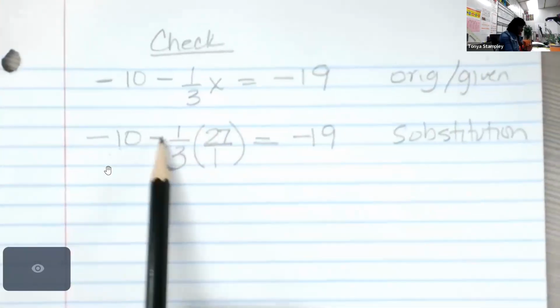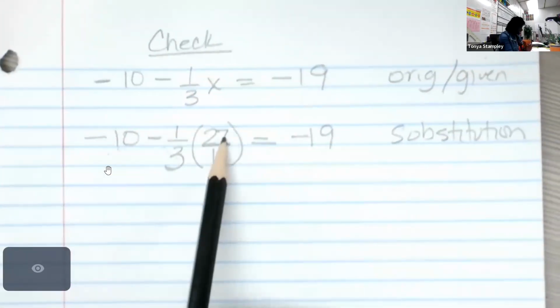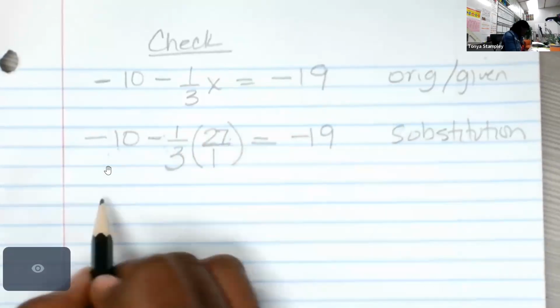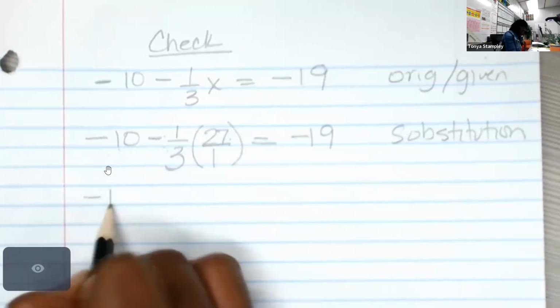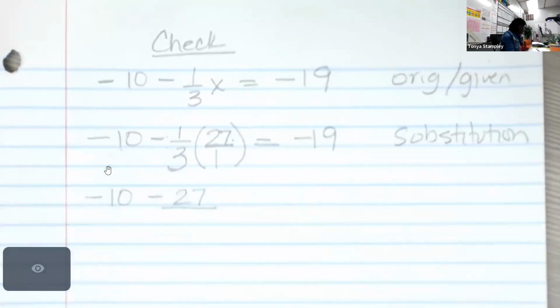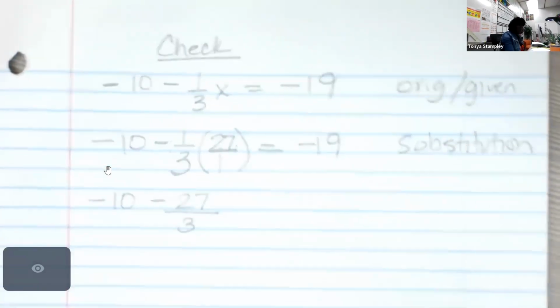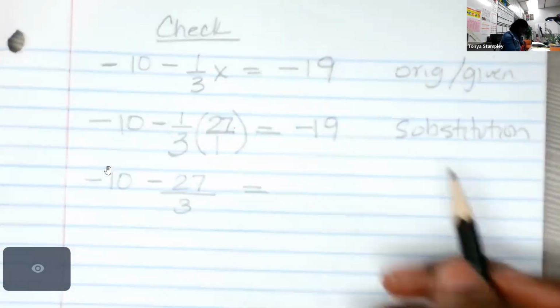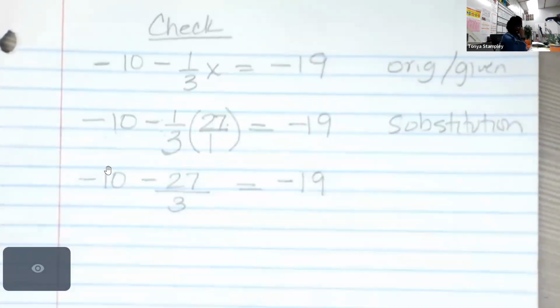So I got a negative times a positive. That's a -1 times a positive 27. What is that gonna be? So I'm gonna bring down my -10, then I'm gonna put -27 over 3 equals -19.